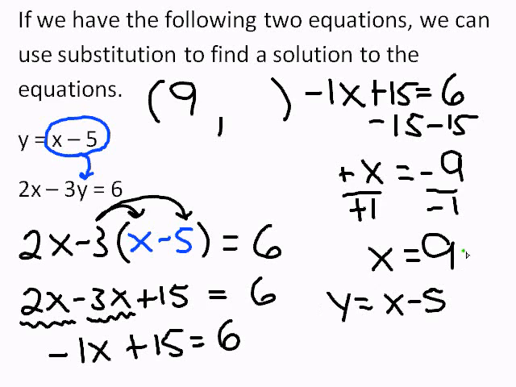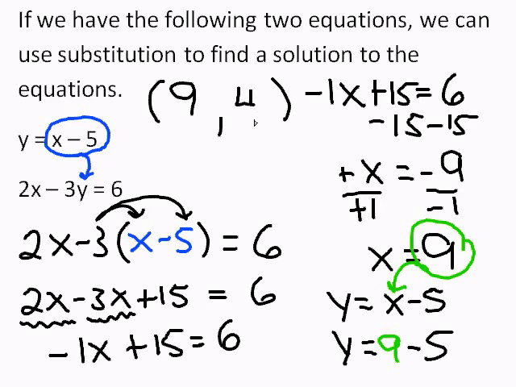So I know that since x is equal to 9, I can substitute again the 9 into y equals x minus 5, leaving me with y is equal to x, which we said was going to be 9, minus 5. 9 minus 5 is 4, so our y value is 4. And this should be the solution to our linear system.